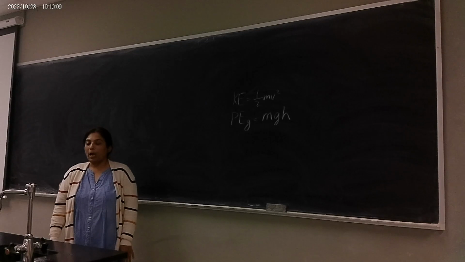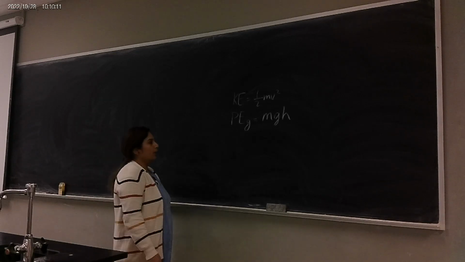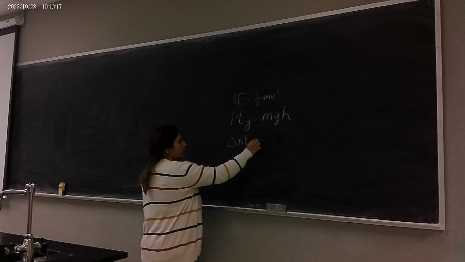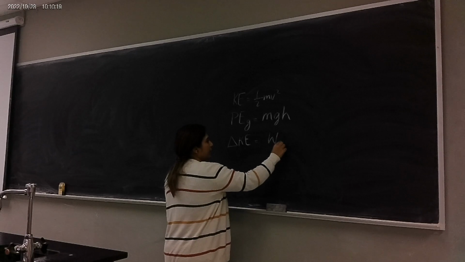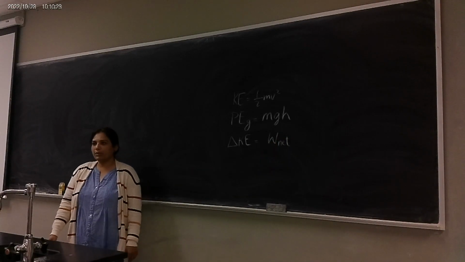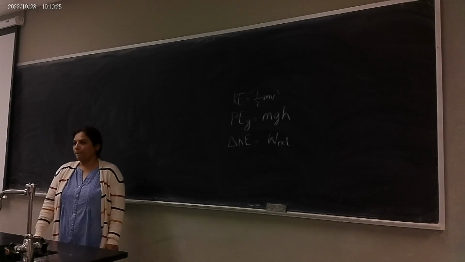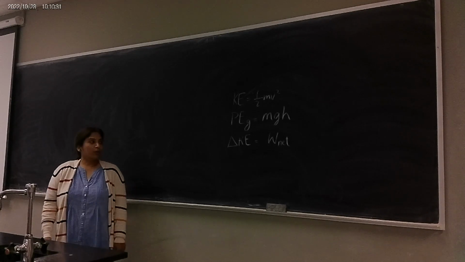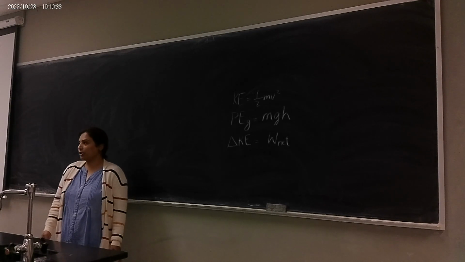Also, on our way, we derived a formula which says delta KE should be equal to the net work done. What is this called? Does anyone remember? There is work on one side and kinetic energy on the other side.